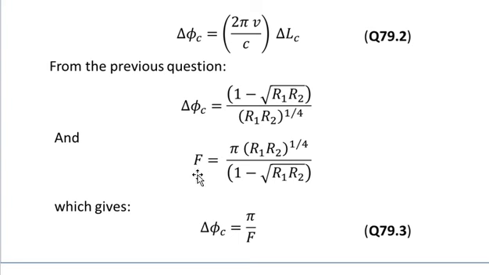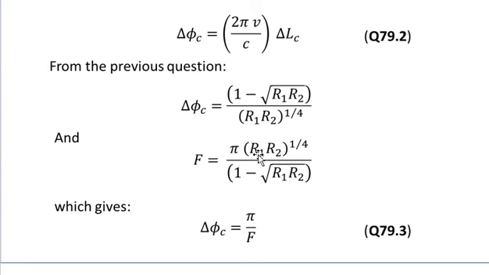And capital F was also obtained in the previous slide, that is the fineness of the interferometer. Capital F is equal to pi into r1 r2 raised to the power 1 over 4, divided by 1 minus square root of r1 r2. And here you see that these are the power reflectivities, capital R1 and capital R2.